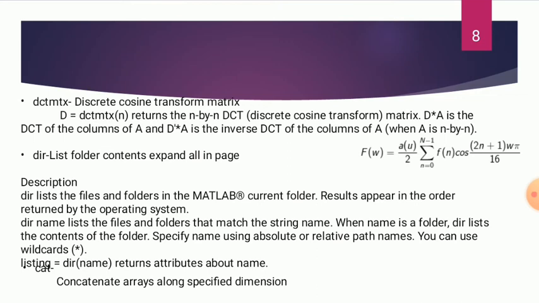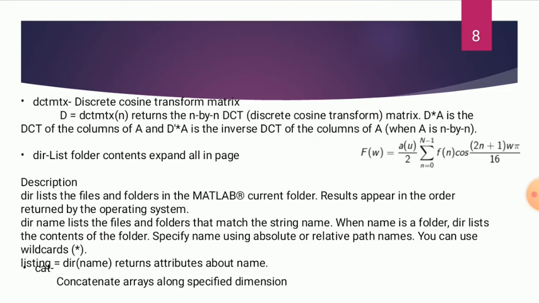As we know, we are compressing the lossy file, and any compression is done by the cosine transform. DCT means the discrete cosine transform of the matrix D into A. The formula is F(u) equals alpha(u) upon 2 times the summation from n equals 0 to 7 of f(n) cos((2n plus 1) u pi upon 16).